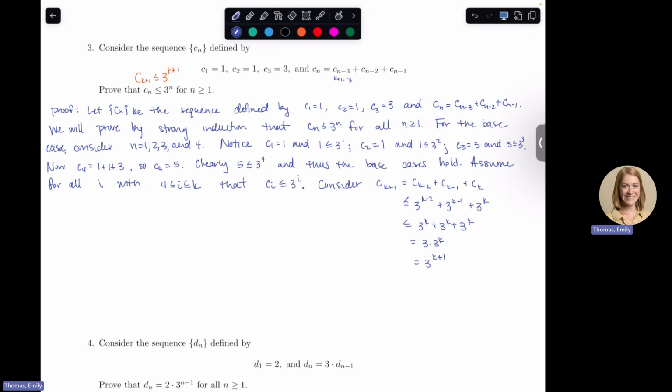Well, because k is bigger than 4, right? So 3 to the k is bigger than 3 to the 2nd. So they all become 3 to the k plus 3 to the k. Yes. We do this because we're trying to get here. They basically simplify it. Yeah. They don't simplify. We're making it up so that we can make this conclusion.